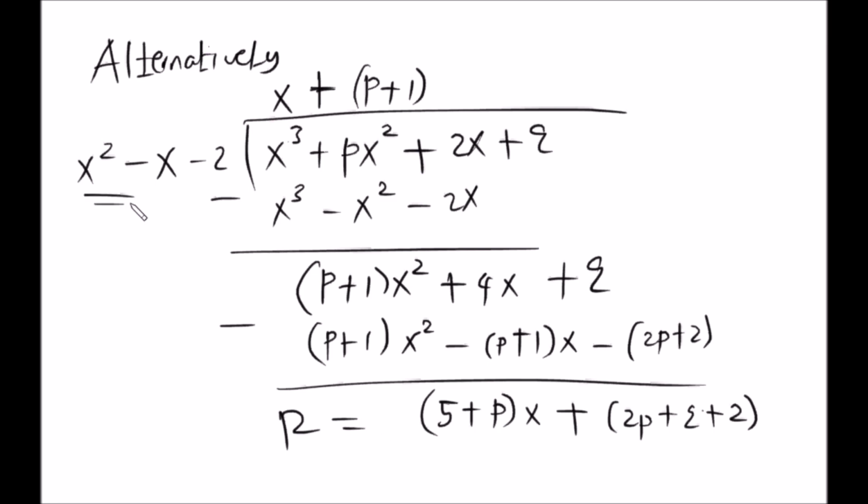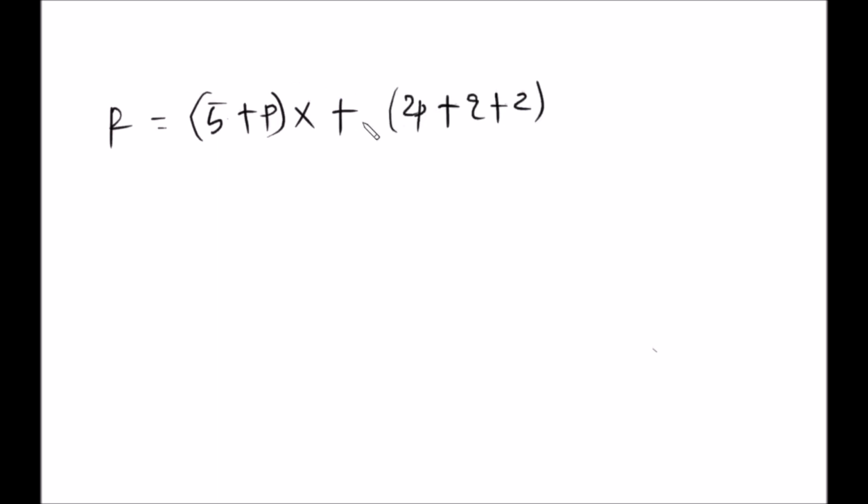Lakini kumbuka hizi ni factor. So hii remainder yetu lazima iwe sasa na nini? Na 0. Remainder inakuwa ni 5 plus p x jumlisha 2p plus q plus 2. Lakini kwa sababu tuligawanya na factor, remainder ni 0. So 0 manake nini? 0 manake ni 0x plus 0.